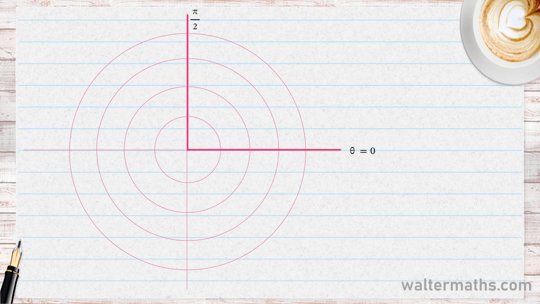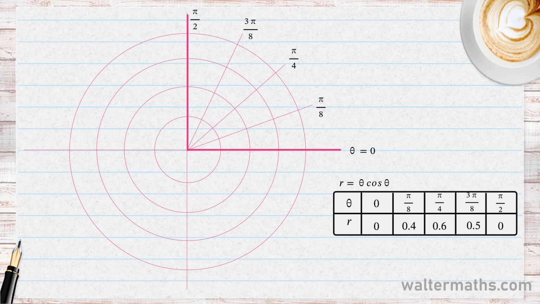And I'm going to have 4 intervals within that range, such that we have pi over 8 here, pi over 4, 3 pi over 8, and pi over 2 right here. Now, using the equation r is equal to theta cos theta, and substituting theta into this equation to get the values of r, I get the table of values coming out like this.